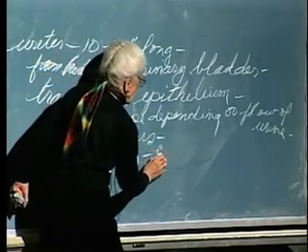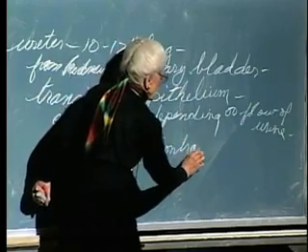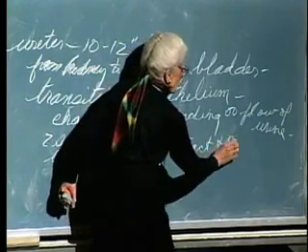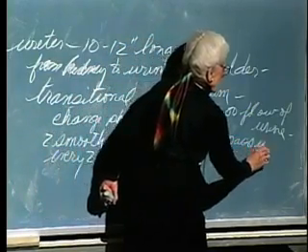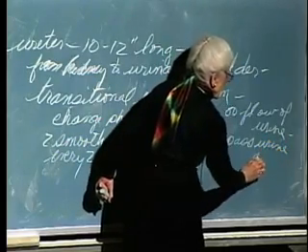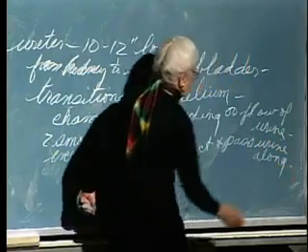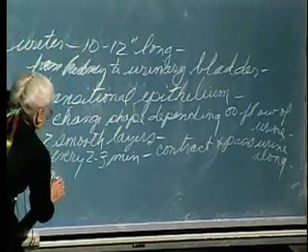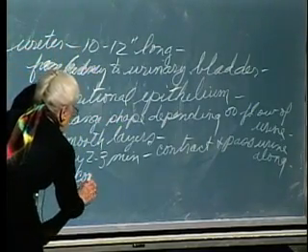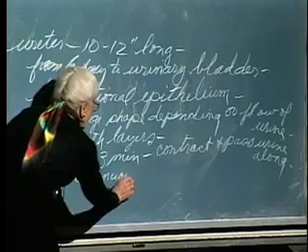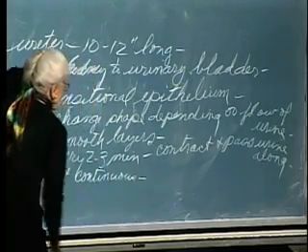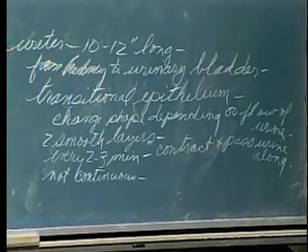The walls contract and pass urine along. So it's not a continuous flow. It's not just gravity working, so you can still be passing urine down your ureter if you're standing on your head because of this controlled constriction going down.